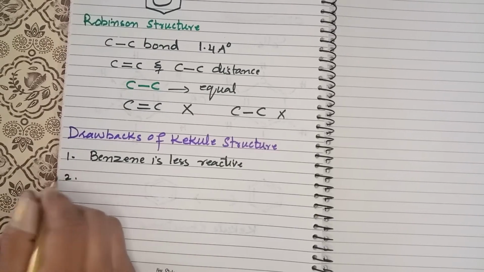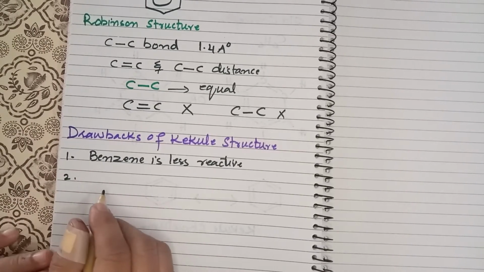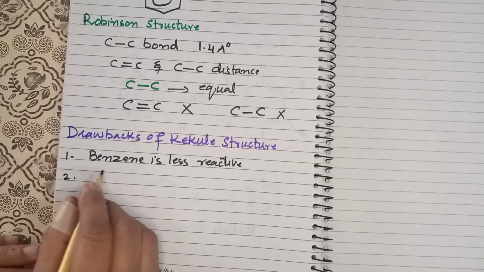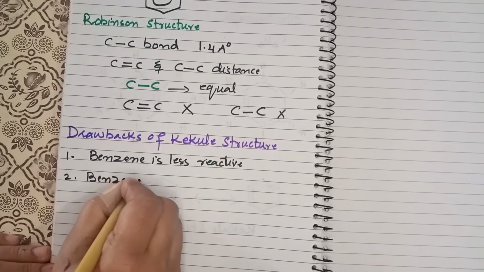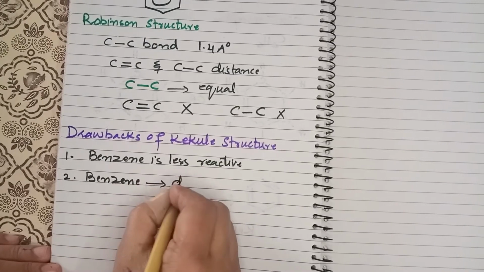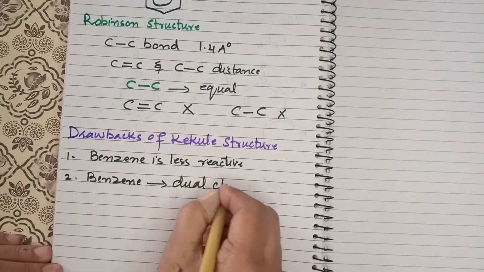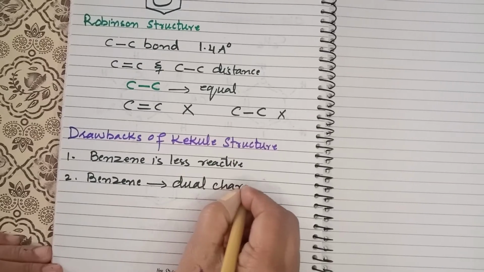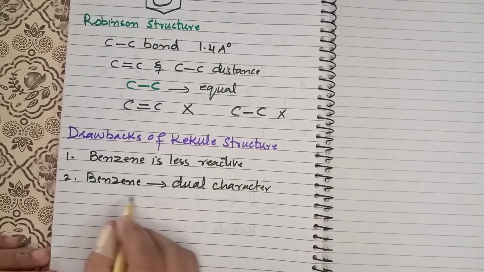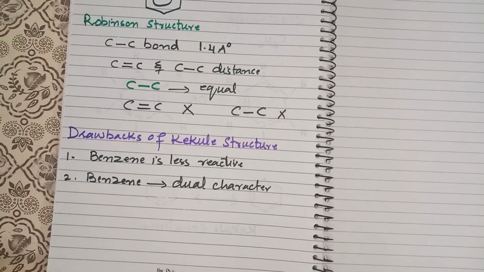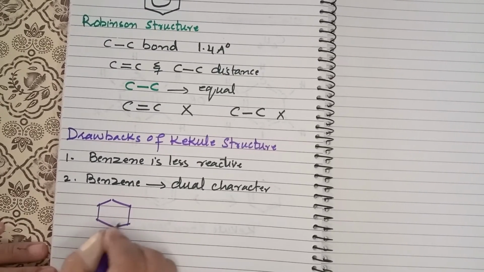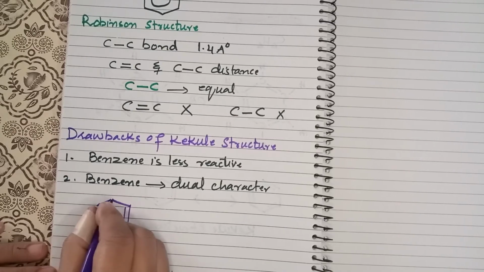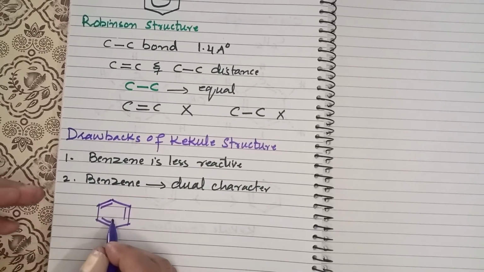The second important drawback is that benzene shows dual character. What does dual character mean? We know 3 pi bonds are inside the benzene ring, which shows that it is a highly unsaturated molecule.